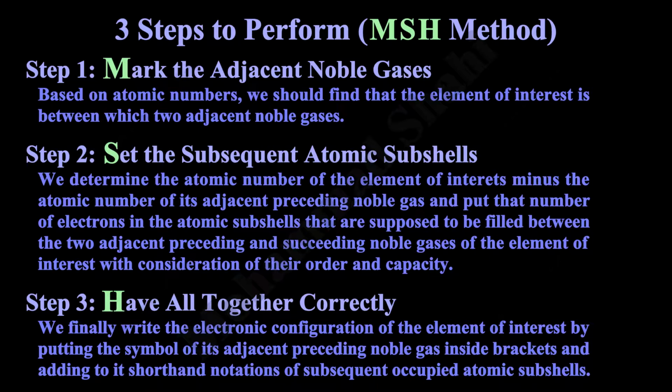In other words, in the third step, we finally write the electronic configuration of the element of interest by putting the symbol of its adjacent preceding noble gas inside brackets and adding to it shorthand notations of subsequent occupied atomic subshells in the order of the principal quantum number or the Madelung rule, where shorthand notation of each occupied subshell consists of the numerical value of its principal quantum number beside the letter designation of its azimuthal quantum number with its number of electrons in the sub-level.